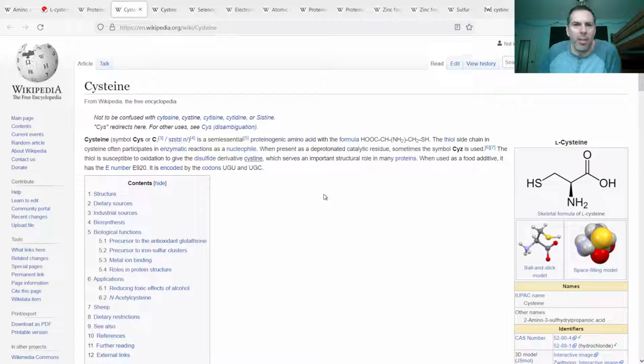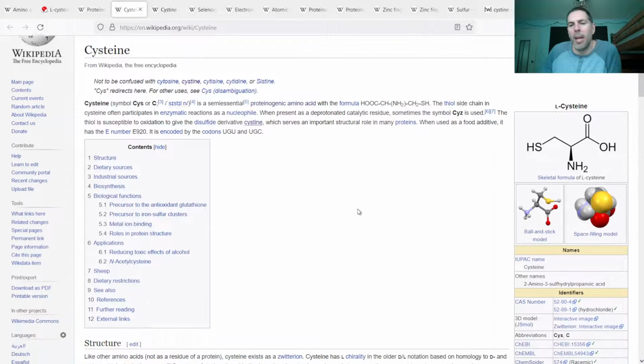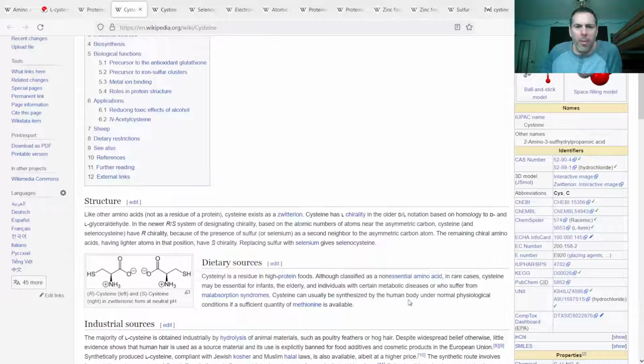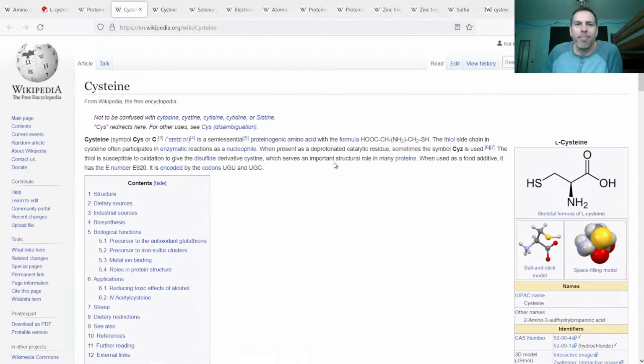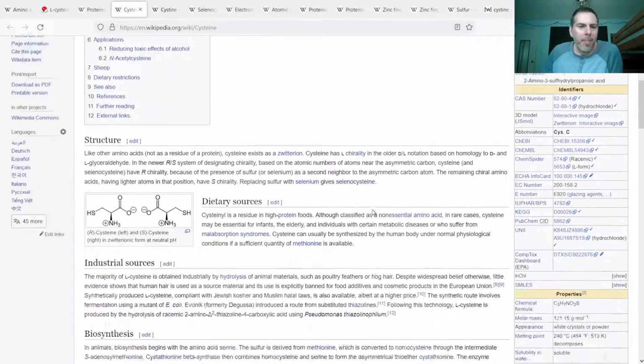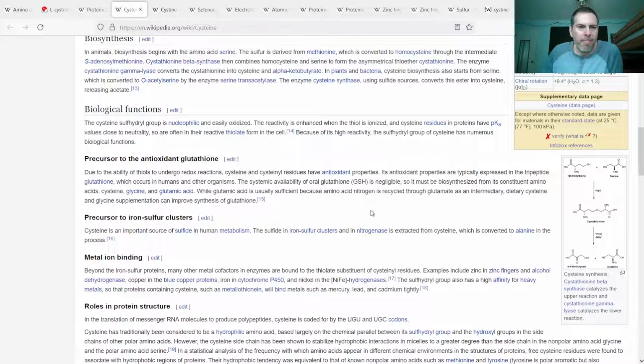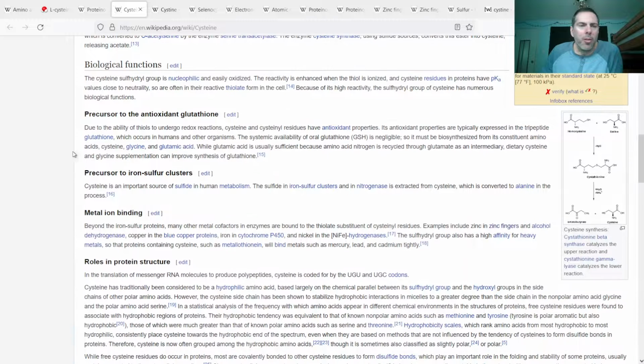It's conditionally essential, so it's only essential for certain special cases of deficiencies in metabolism or certain infants and elderly. So it's used a lot. It's a useful amino acid.